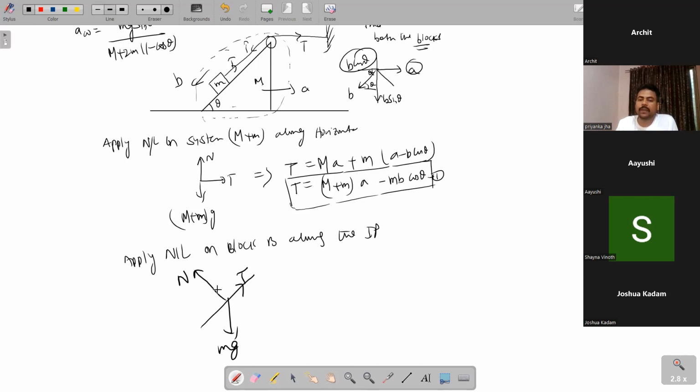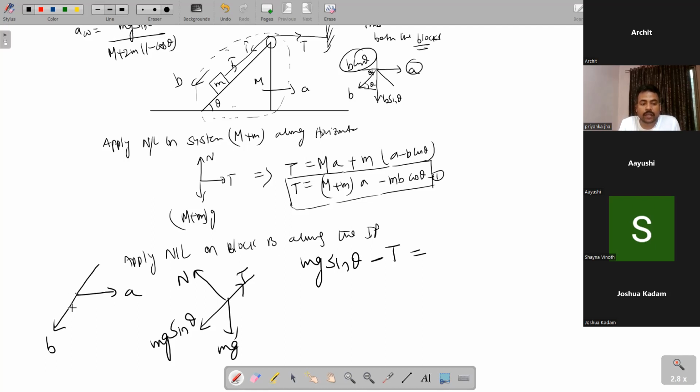This N is perpendicular to that, so it will not have any component along the inclined plane. Mg will have one component, mg sin theta. Block is coming down, so mg sin theta minus T must be equal to this, the force that we are writing on block B. So block B has two accelerations, one along the inclined plane and other with the wedge.